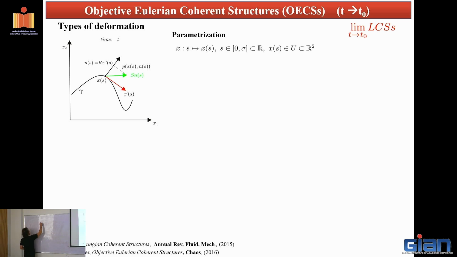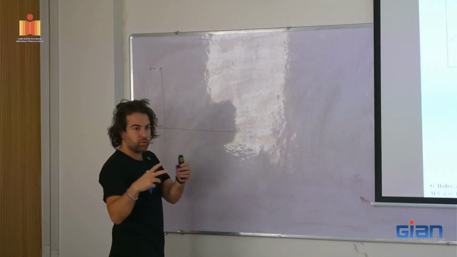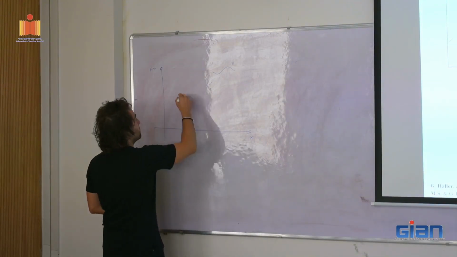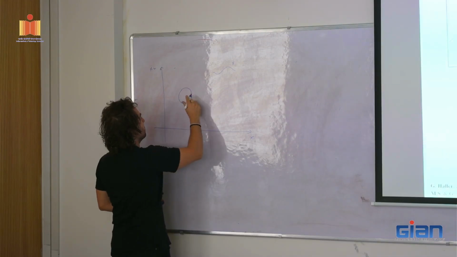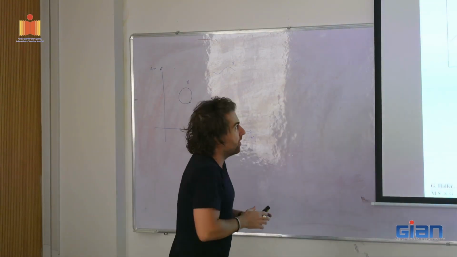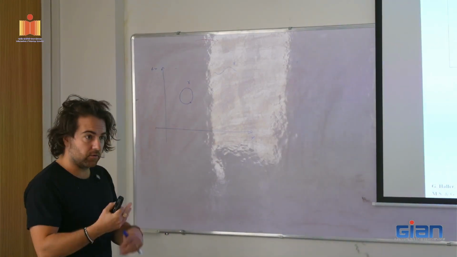Yesterday we looked for curves, the gammas, that were the most attracting, and today we're going to look for curves that stay together. They play the role of vortex boundaries. So these new curves will be closed, because that's how a vortex boundary is going to be: a vortex is basically surrounded by a closed curve.